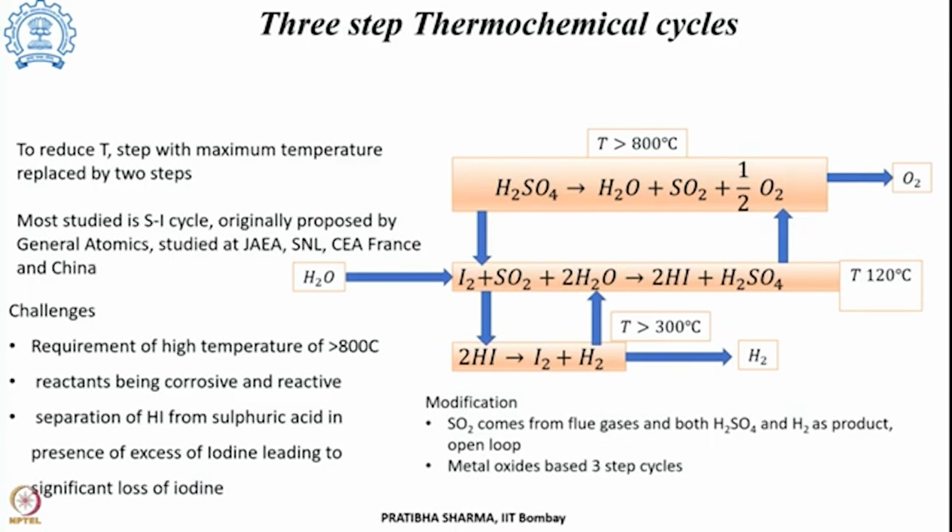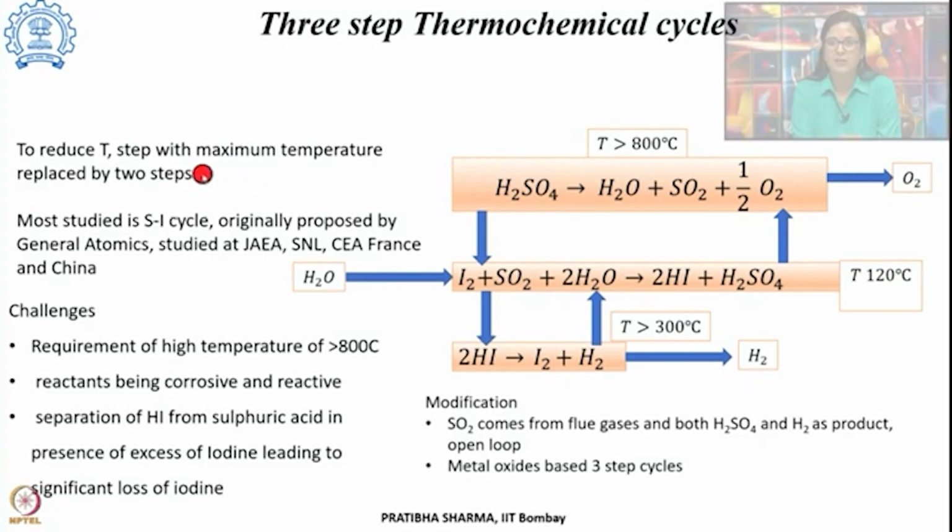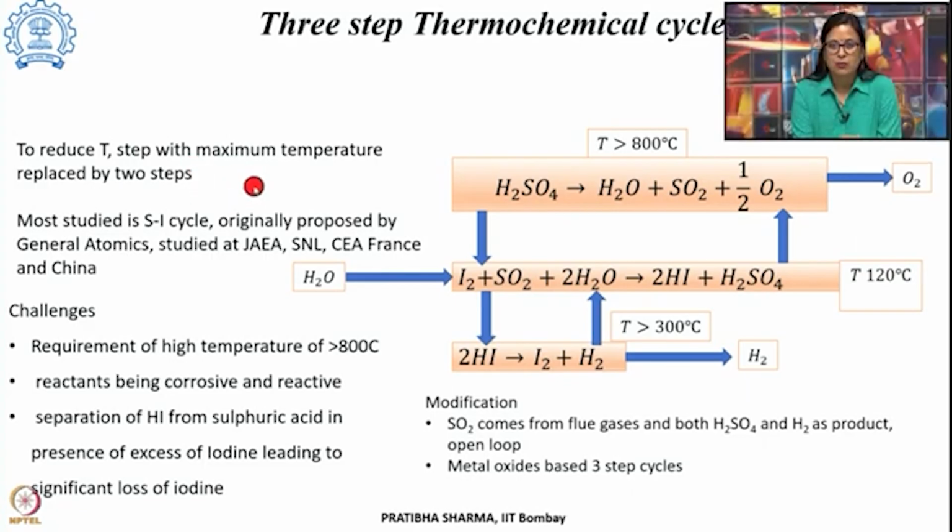If we look at the 3-step thermochemical cycle, again the reason is that the maximum temperature involved in the 2-step process was very high. To reduce that, this 3-step thermochemical cycle was identified. There are various such thermochemical cycles. The most studied one is the sulfur iodine cycle.